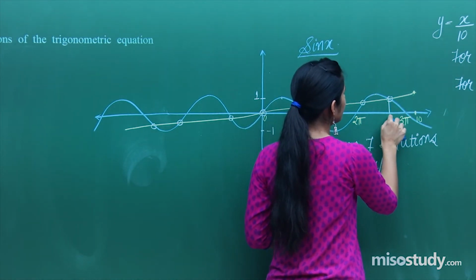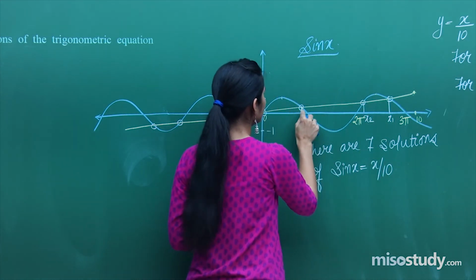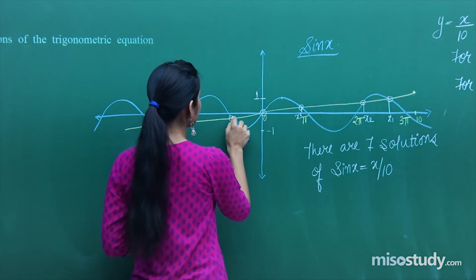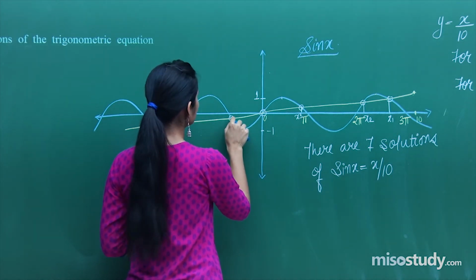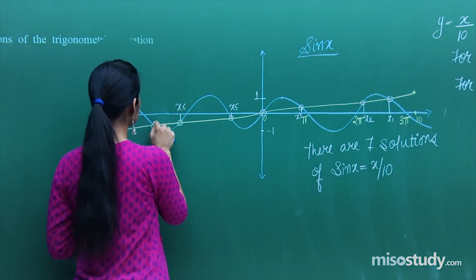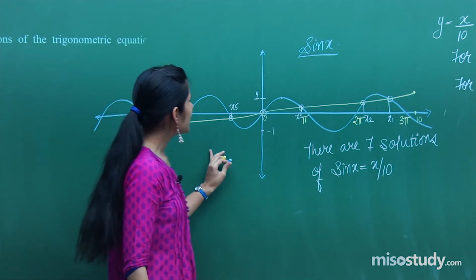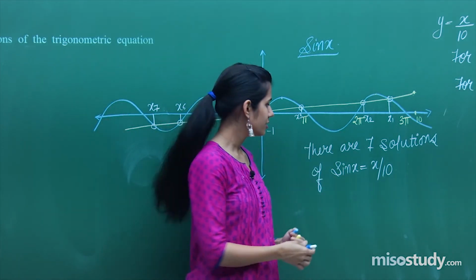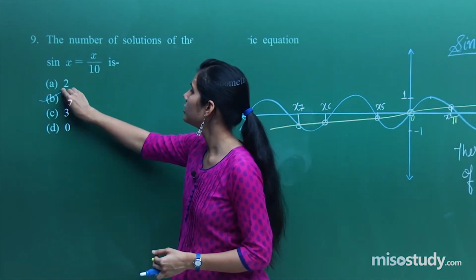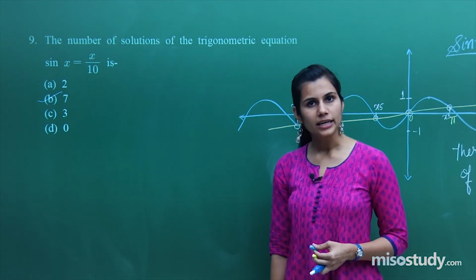This is x1, this is some x2, this is x3, x4 is 0. Then you have this one, this is x5, this is x6 and this is x7. So these are your 7 x's for which sine x equals x by 10 and therefore the solution is 7. What is the number of solutions? There are 7 solutions. Understood?